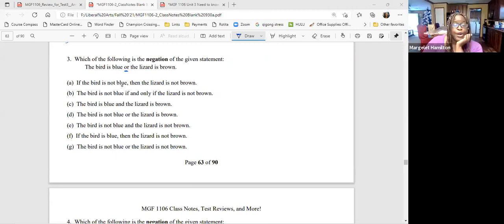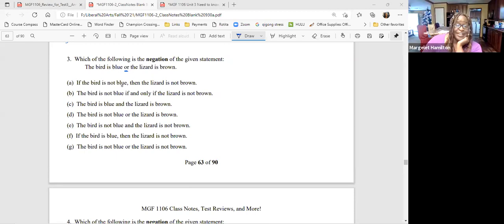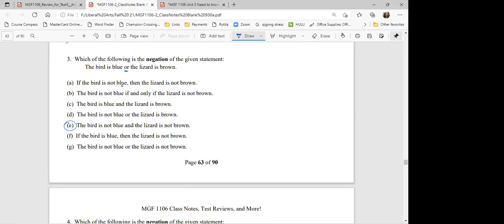Let's see. The bird is not blue and the lizard is not brown. Everybody agree with that? Yes. Good. I agree too. All right. We already knew for sure that it couldn't be. Which ones couldn't it be?